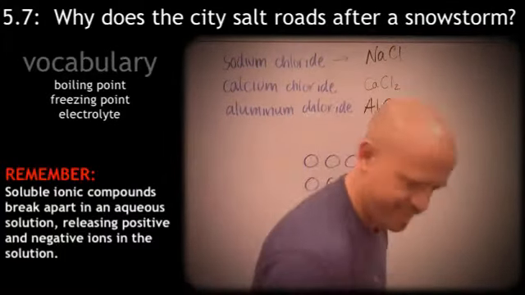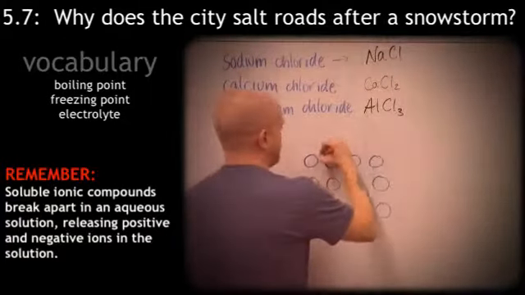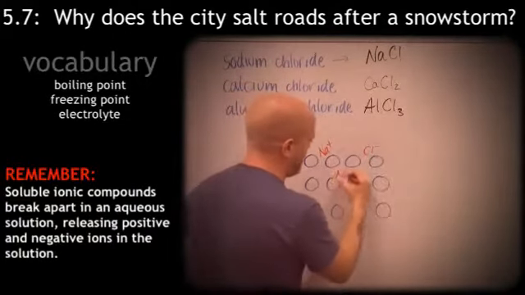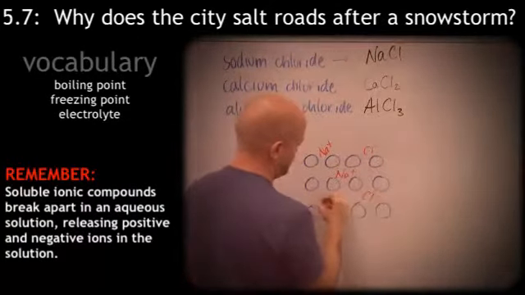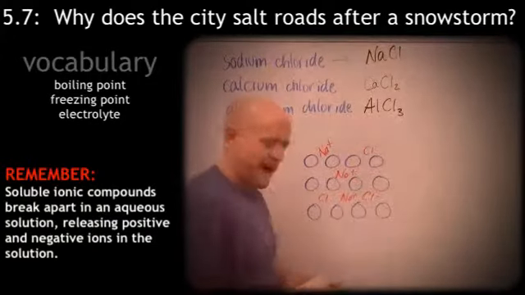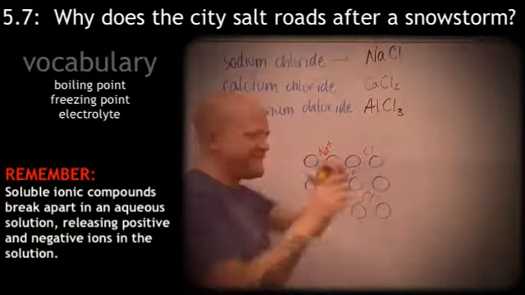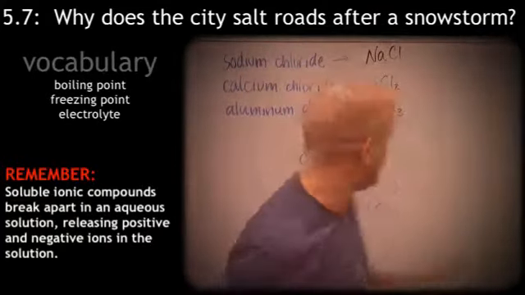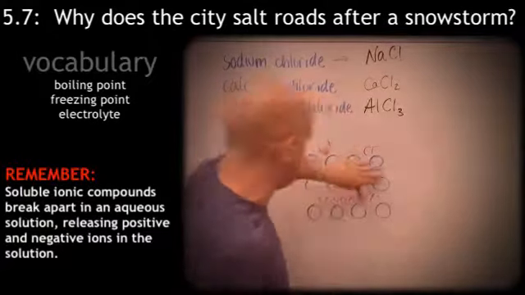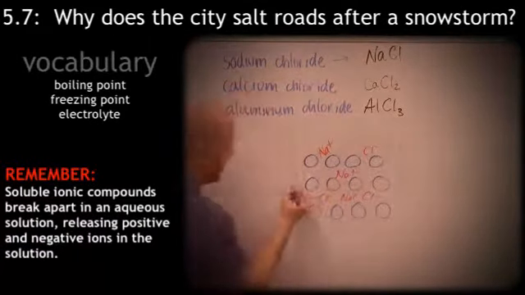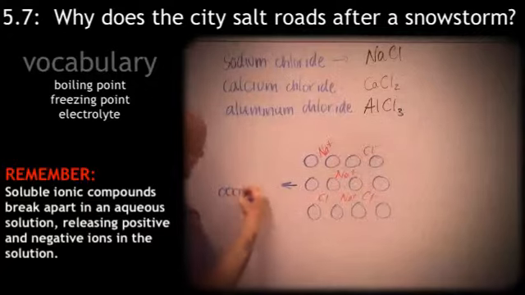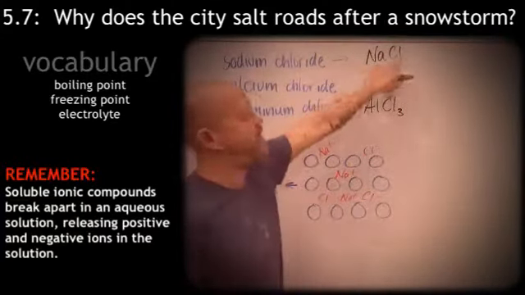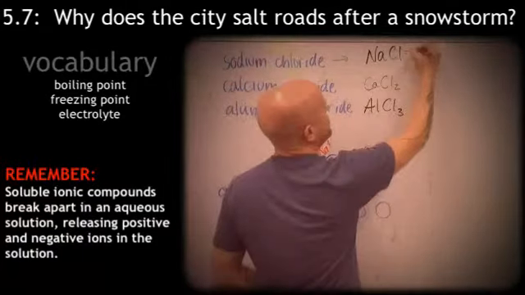So we have positive sodium and negative chlorine floating around this substance. This sodium chloride is breaking apart these water molecules and causing this to not be frozen. It's breaking these apart and making them go from a solid into a liquid phase. Sodium chloride has 1 sodium, 1 chlorine, a total of 2 substances.